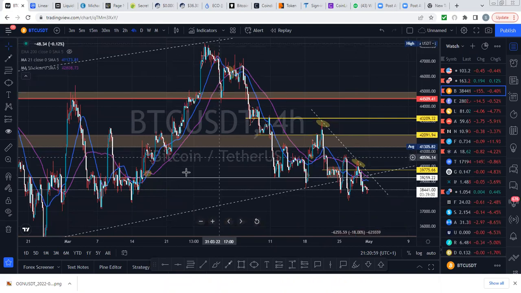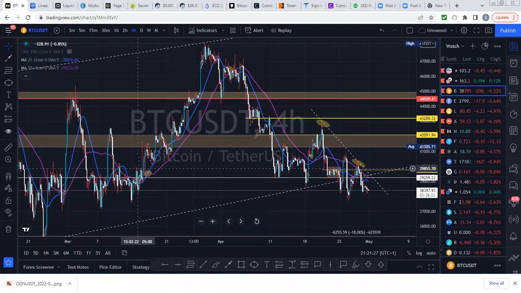So whenever the lower moving average, or the short-term moving average, crosses above the longer-term moving average, it gives you what? An indication that there is a change of trend from bearish to bullish. Are you following? There's a change of trend from bearish to bullish.